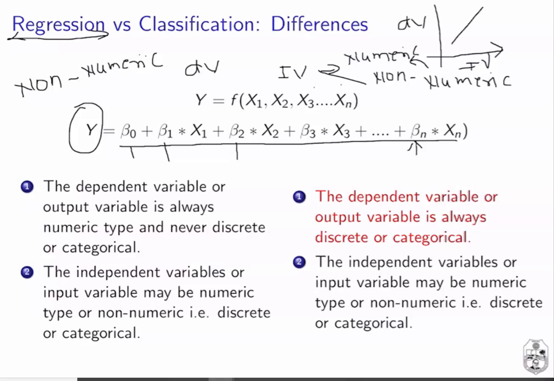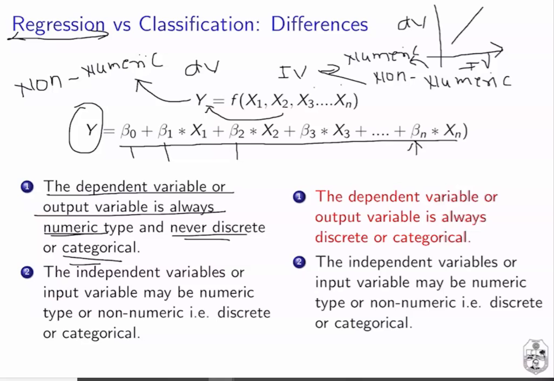Like regression, classification is the task which establishes a relationship between the independent variable and the dependent variable, provided that the dependent variable is non-numeric. In regression analysis, the dependent variable or output variable is always numeric, and never discrete or categorical.